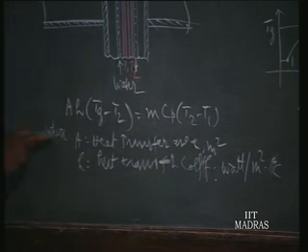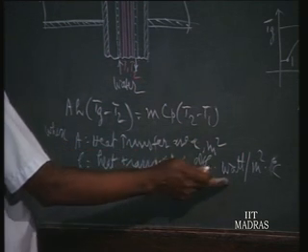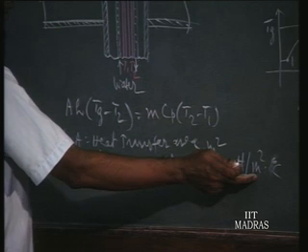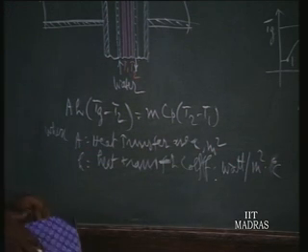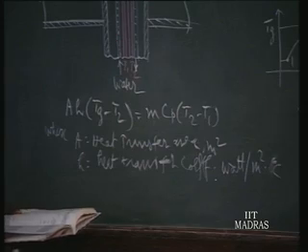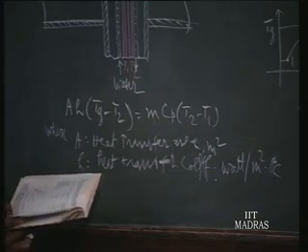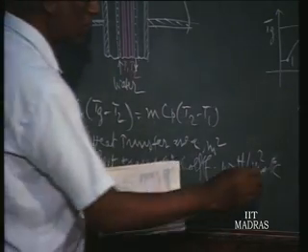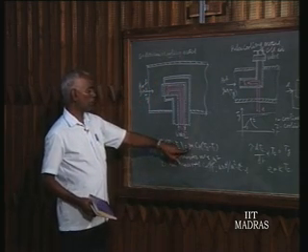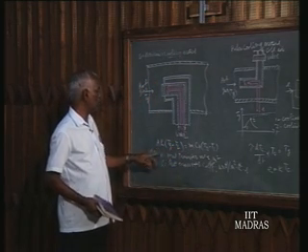H is the heat transfer coefficient, which has units of joule per second, that is watt per meter square per degree centigrade. It's per second, so that's why this is kilogram per second, and here also a per second unit is there.